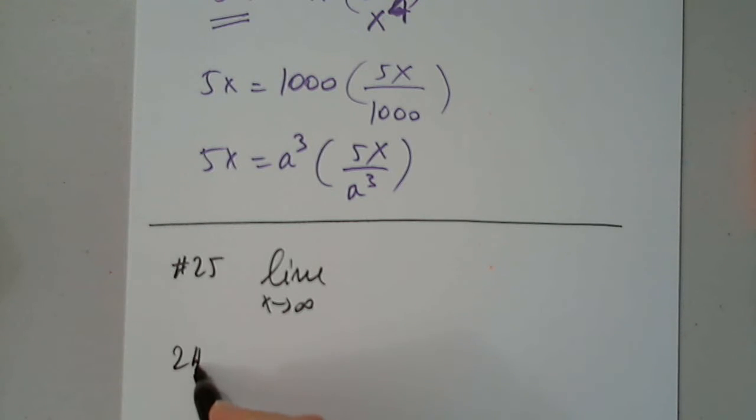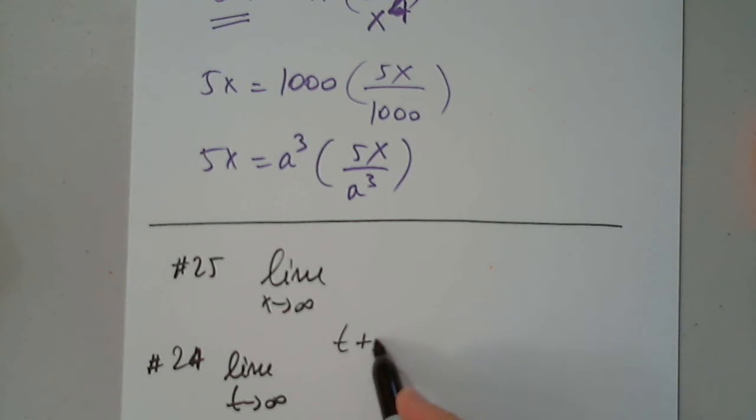So 24, we have the limit as t approaches infinity of (t plus 3) divided by the square root of (2t squared minus 1). Awesome.